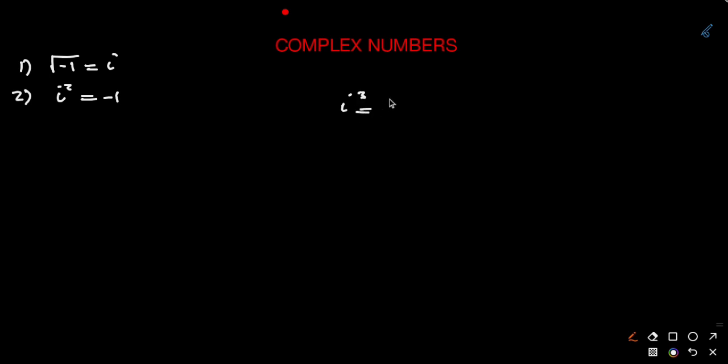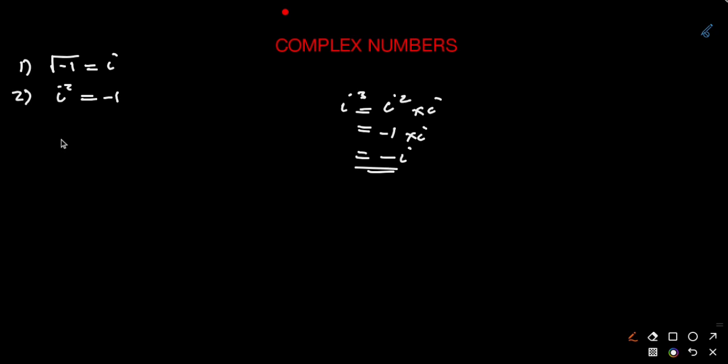What is i to the power 3? Feel free to pause the video and find what i to the power 3 is. Actually here we are just building up from where we started. What I'm going to do is split this i to the power 3 into i to the power 2 multiplied by i. We know that i to the power 2 is -1, then we need to multiply it with i. So here we are going to get -i.